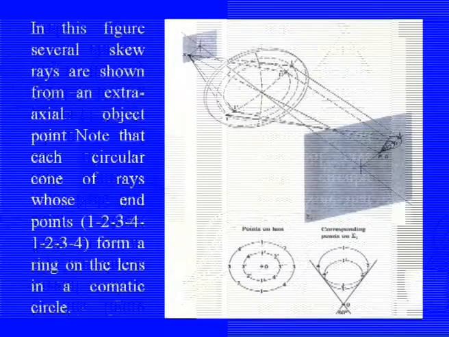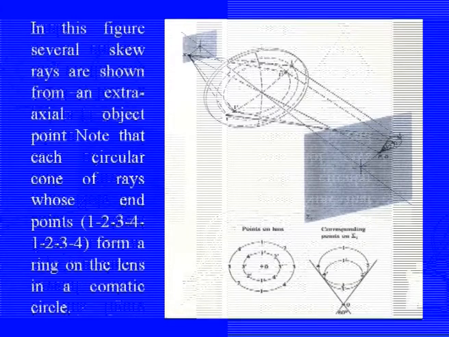You see, as the radius of this circular zone decreases, as we come towards the center of the lens, this comatic circle on the image goes on becoming smaller and smaller, and its center moves towards the vertex of the cone.